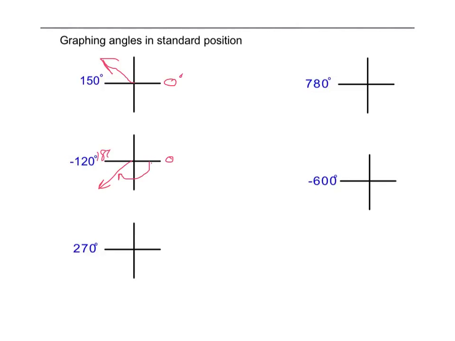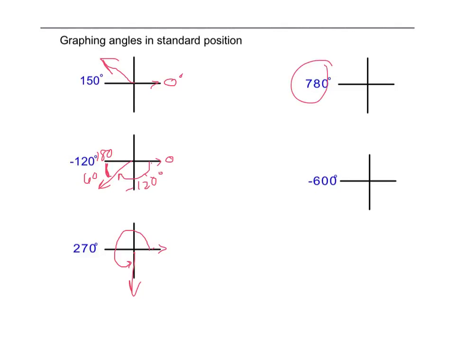If this is 180 and this is negative 120, then this angle right here that's left has to be 60. Okay? 270 is positive, so I start at 0 and I go all the way around to here. That is 270. Notice that angles have their rays, so be sure that you put rays on them.